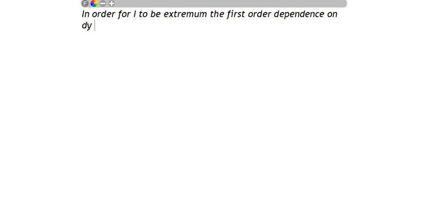In order for the functional I to be an extremum, the first order dependence on delta y, I'm sorry, I cannot write Greek, must vanish.